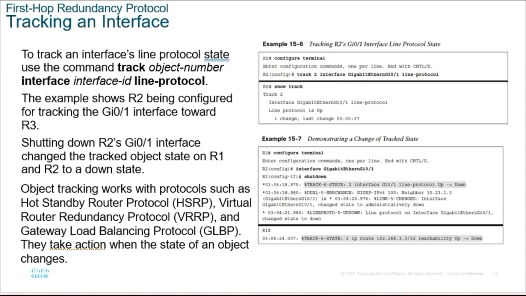That was for object tracking number 1. Since the protocol is down, the IP route is also unreachable via that particular interface. This object tracking feature works with all three of the protocols in FHRP.